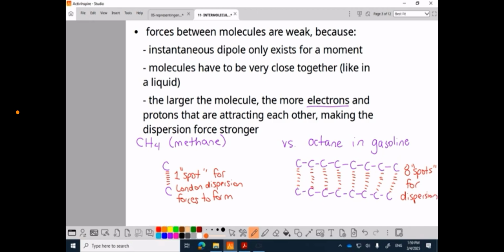So London dispersion forces in a molecule like octane, which is clearly bigger, a very large molecule compared to methane, are going to be stronger. The strength of the forces in terms of their physical properties is vital. Those stronger forces mean that it's a liquid at room temperature.